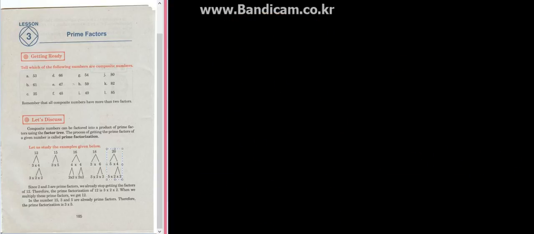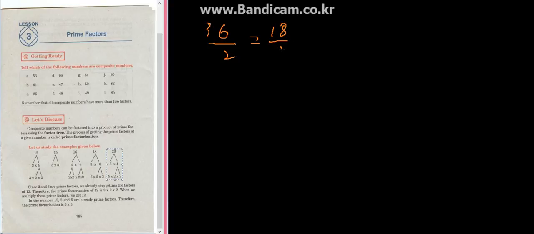For example, let's try 36. Is there 36 here? No. You can just divide, and okay, let's do it this way. If you divide by 2, this is going to be 18, right?